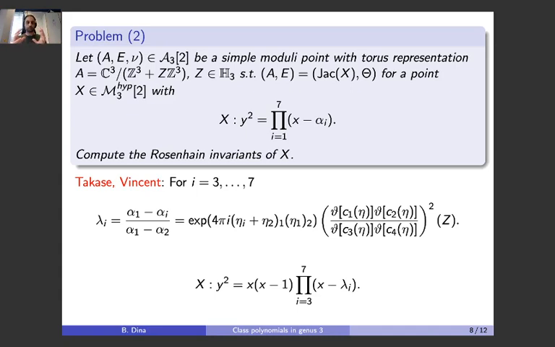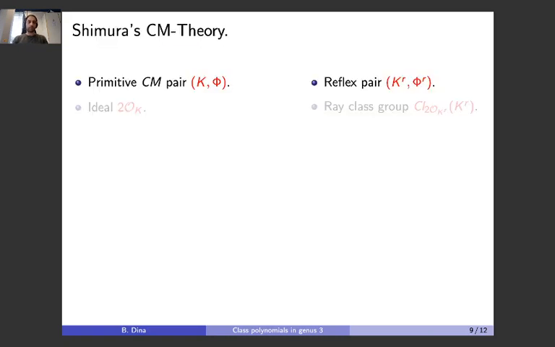Having now our 5 Rosenhain invariants of X, we would like to have a possibility to act on our abelian variety to compute the class polynomials. And this is given somehow, I sketched this here, Shimura CM theory.